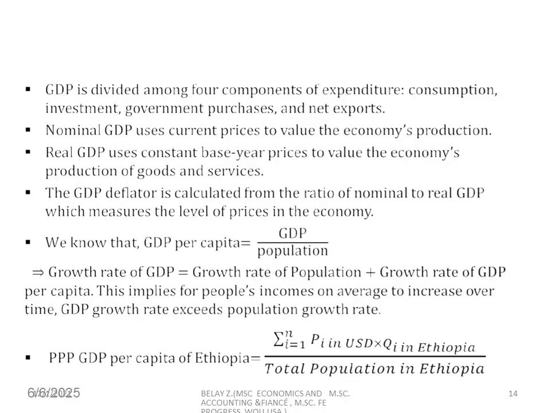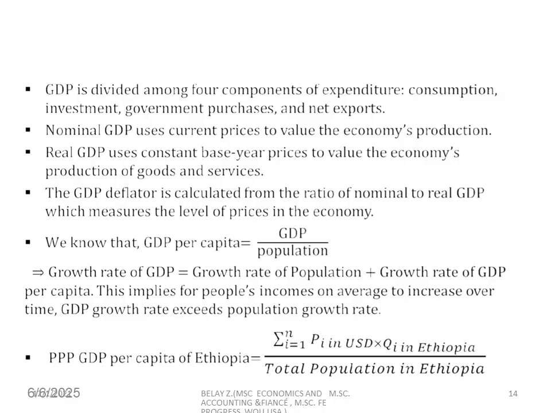That is, GDP per capita means total income for total population. The growth rate of GDP per capita is the growth rate of GDP minus the growth rate of the population. This implies that people's income on average increases over time when the GDP growth rate exceeds the population growth rate.